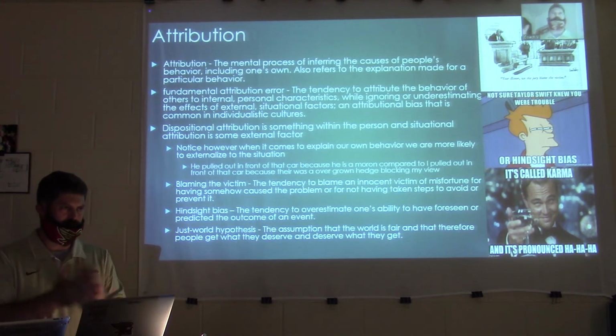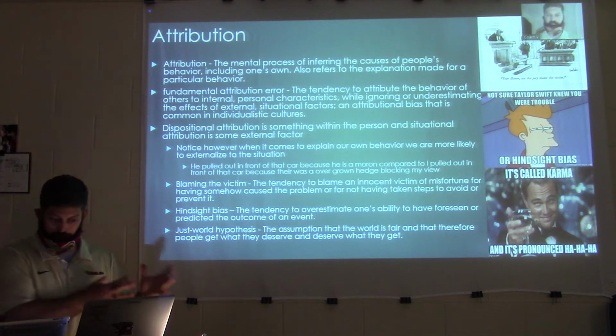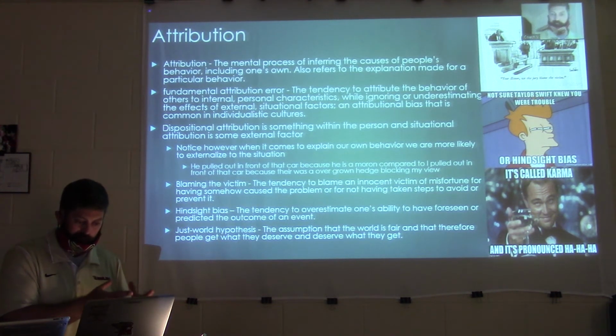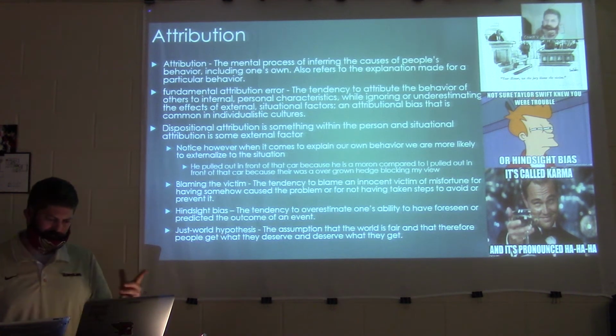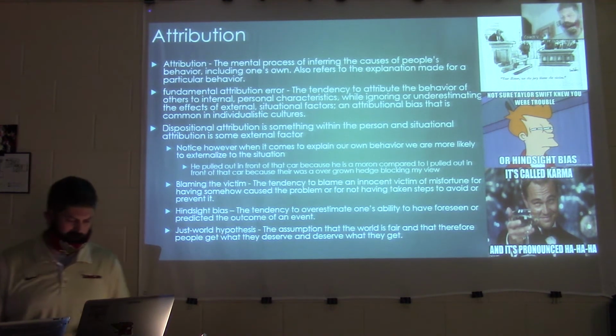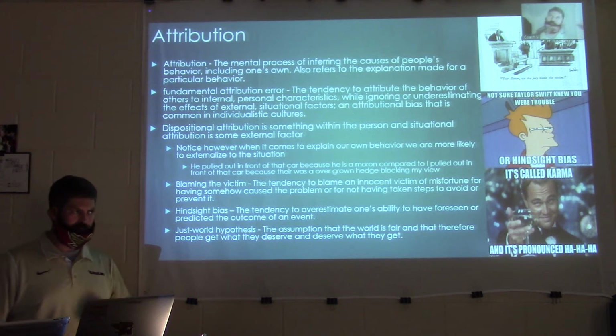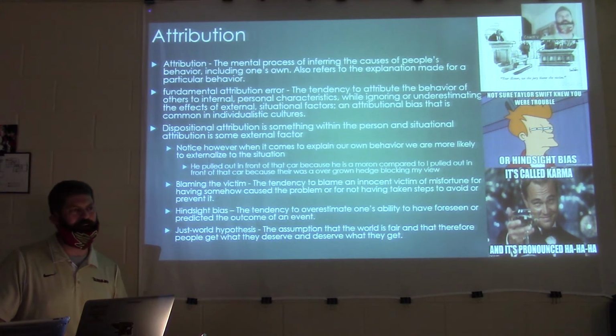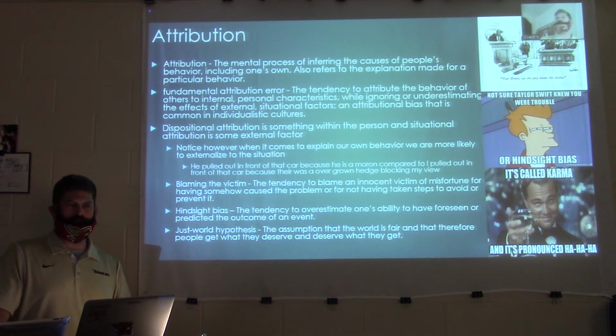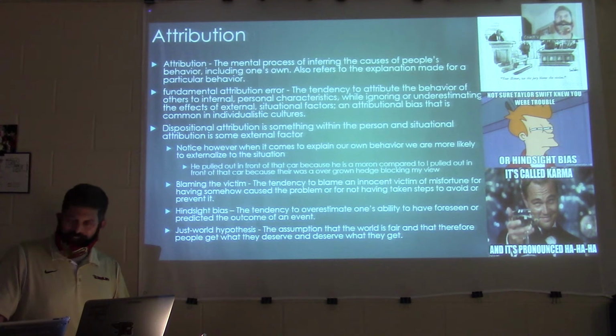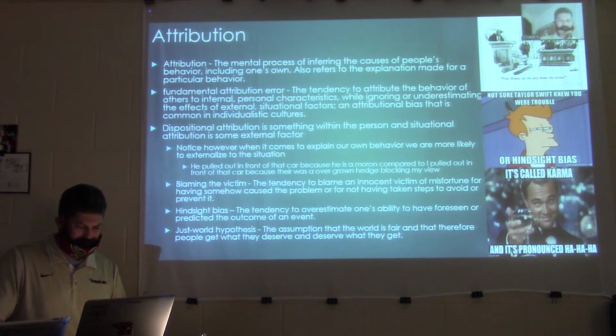That kills me. That's blaming the victim. That's an example of that. Hindsight bias, you've maybe heard of this before. It's a cliche: hindsight's 20/20, right? You have perfect vision when looking backwards because you knew it was going to happen after it happened. So that's what hindsight bias is.